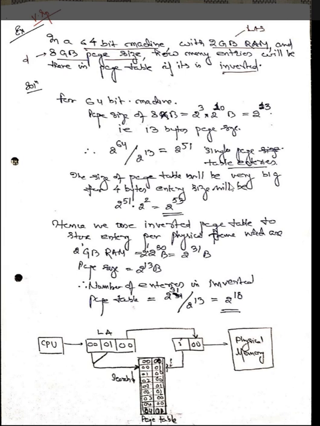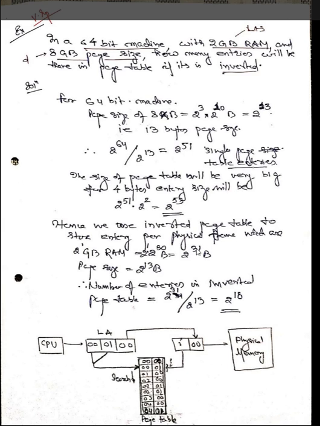So 2 to the power of 53 is not easy to handle. Hence we use the inverted page table to store the entries for the physical address space of 2 GB RAM. 2 GB RAM means 2 times 2 to the power of 30, that is 2 to the power of 31.